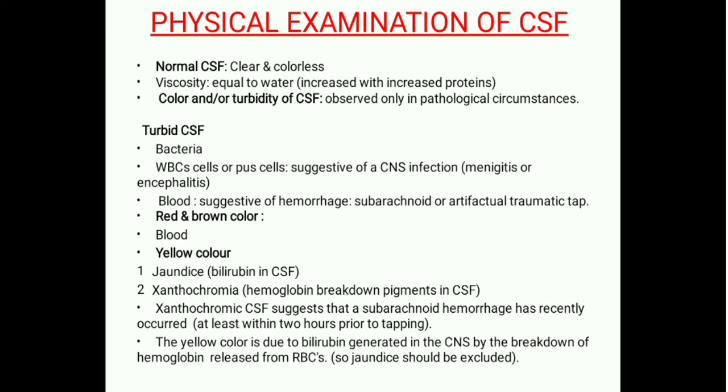Xanthochromia. Xanthochromic CSF suggests that subarachnoid hemorrhage has occurred recently, at least within 2 hours prior to the tap. The yellow color is due to bilirubin generated in CSF by the breakdown of hemoglobin released from red blood cells, so jaundice should be excluded.